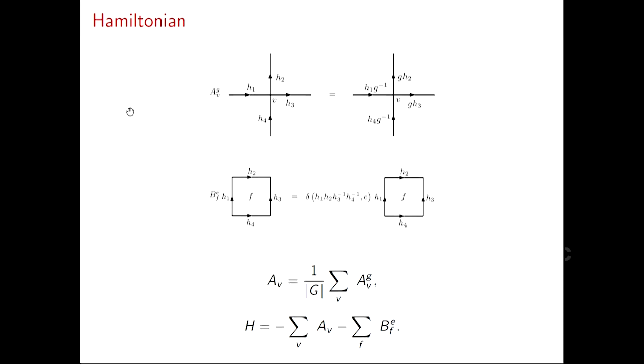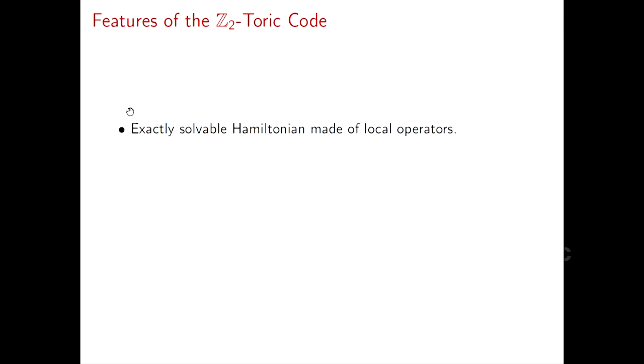For example, the ground state of the system is the state which is left invariant by all these operators.